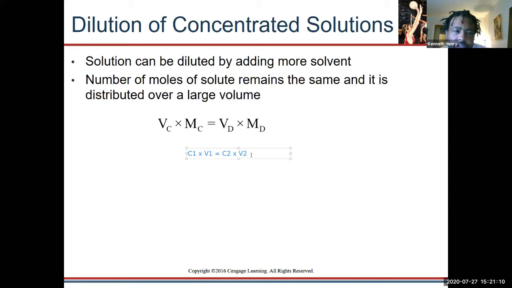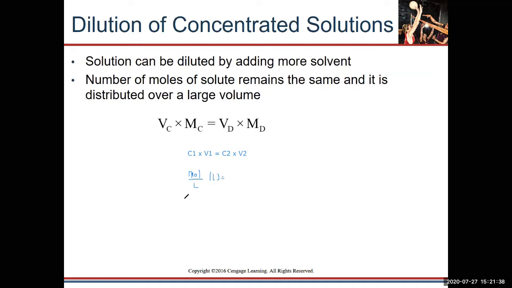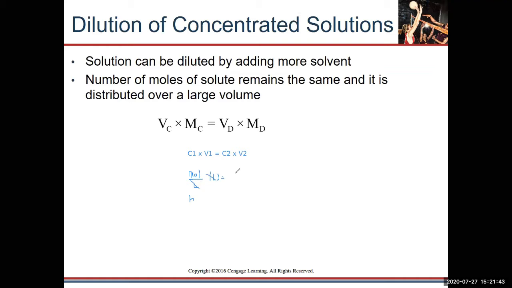If you're looking at the number of moles, so if you're looking at molarity, what are the units for molarity? Moles over liter, right? And you're multiplying by the volume. Typically, we measure our volume in liters, so you're just looking at moles at the end of the day, because the liters cancel out, and that's the same thing on both sides.